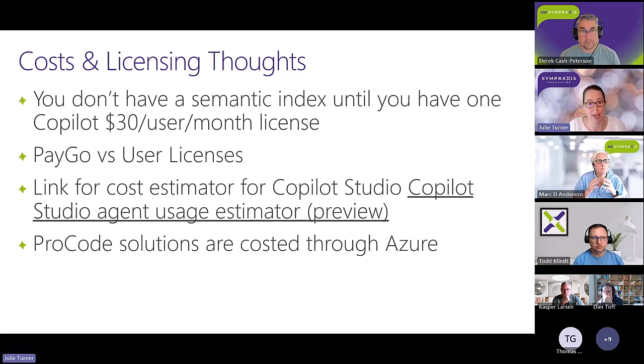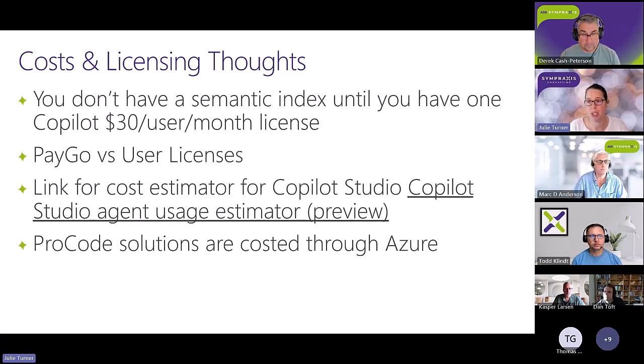There is a new cost estimator that came out for Copilot Studio called the Agent Use Estimator. I guess it's in preview. I don't know much about it, but I just saw it the other day and wanted to make sure I shared it. And then those code solutions that I talked about are all costed through Azure. It's your Azure consumption for those.